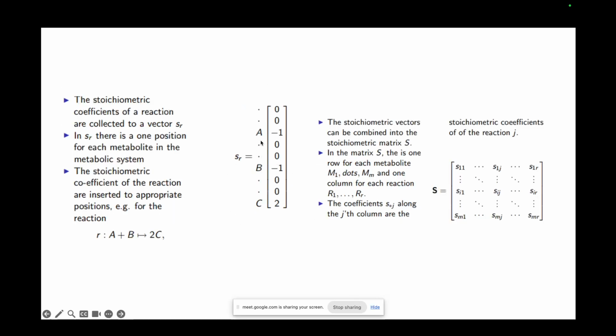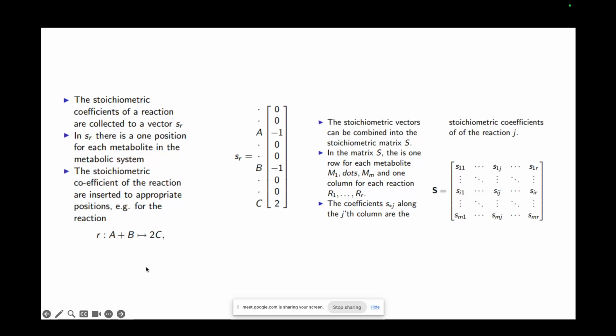You have all the elements of the reaction and their corresponding reaction coefficients, and those make up the stoichiometric coefficient vector, given by Sr. In Sr, there is one position for each metabolite in the metabolic system, and the stoichiometric coefficient of the reaction is inserted at the appropriate position.